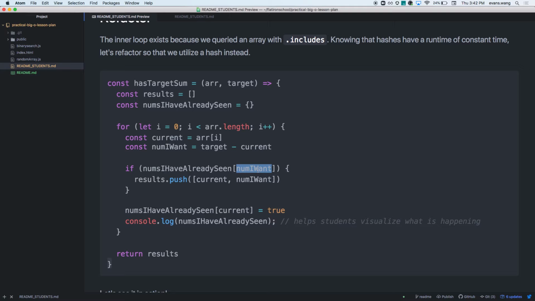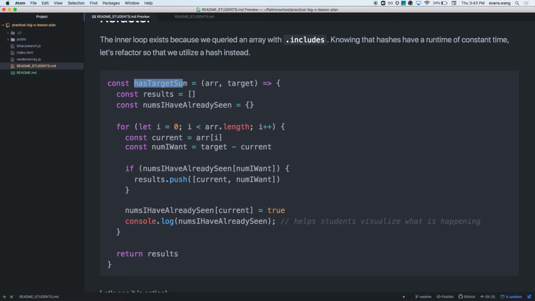If it's null, we know in JavaScript null is falsy. So then what happens? It keeps going. You can use this object, use the key value, assign it to a Boolean, and then manipulate that Boolean to keep going. So what I've done is essentially made hasTargetSum go from quadratic time to linear time because now I'm just doing one iteration.